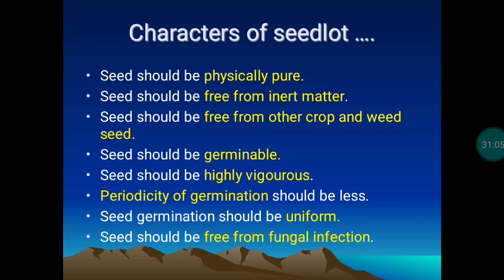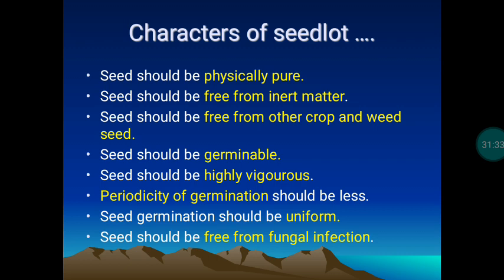After separation based on weight, you can go for separation based on color, size and shape. If you follow these one after another, then at the end of the grading process you will have seed with proper physical purity. That is the first aspect, the seed quality aspect.